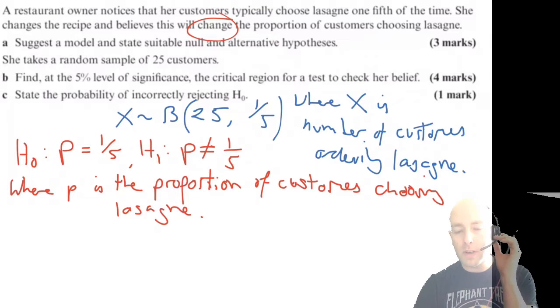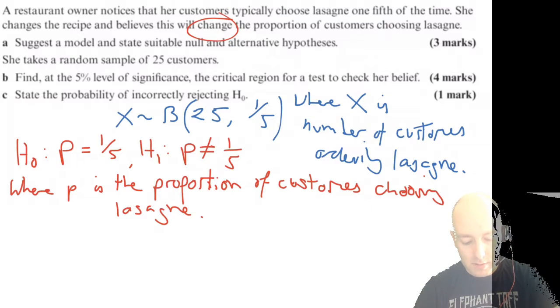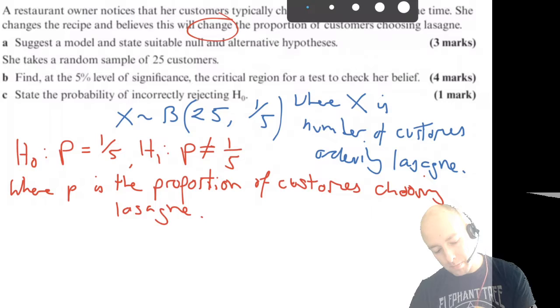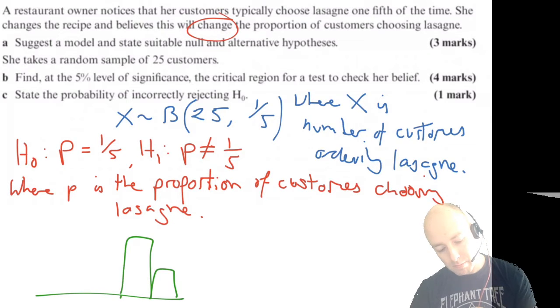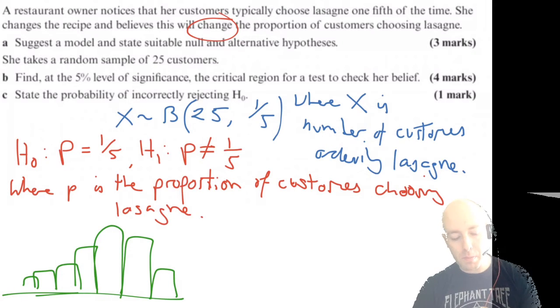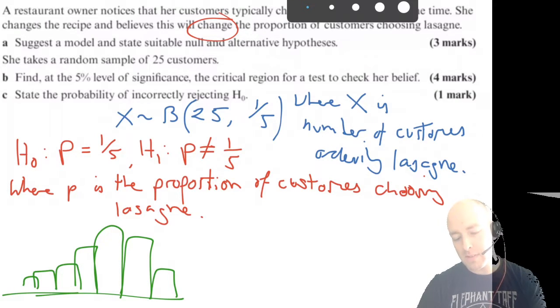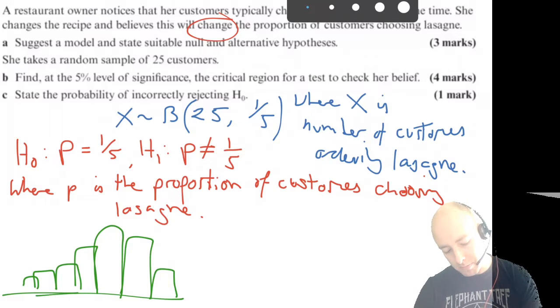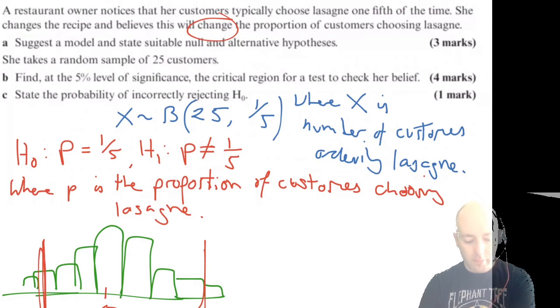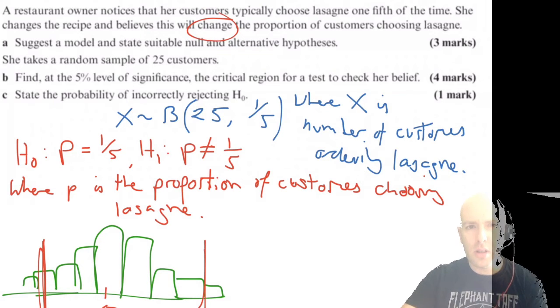Okay, so we want to try and find this critical region. That's the 5% level of significance. If I do a quick sketch, just so you can see what we're doing: obviously the most likely outcome is going to be a fifth times 25, which would be 5. So we're trying to find what the critical values are at either end of our distribution.